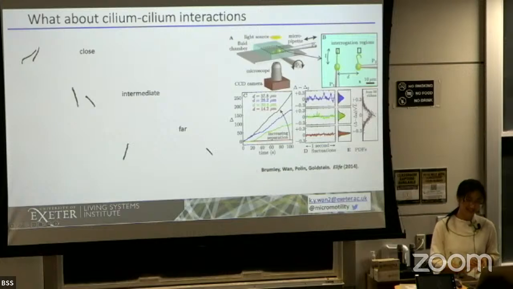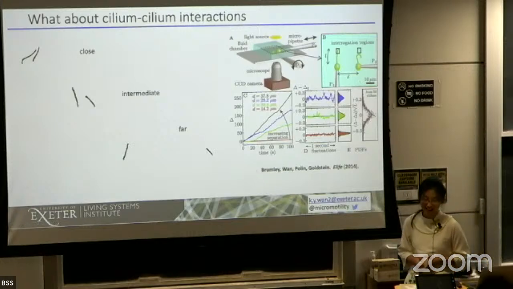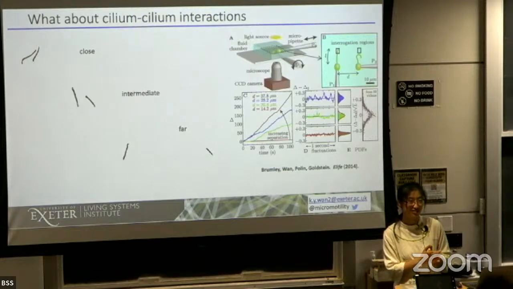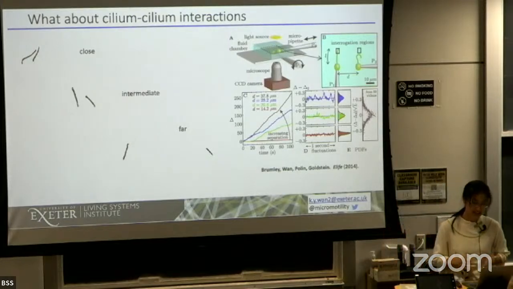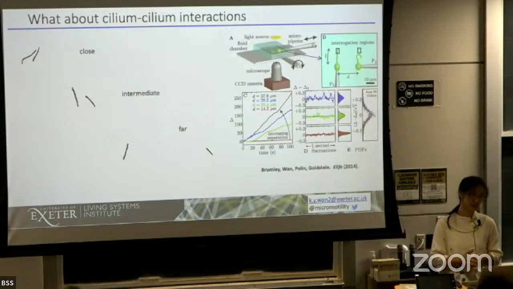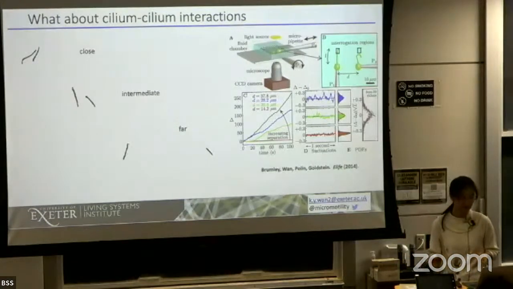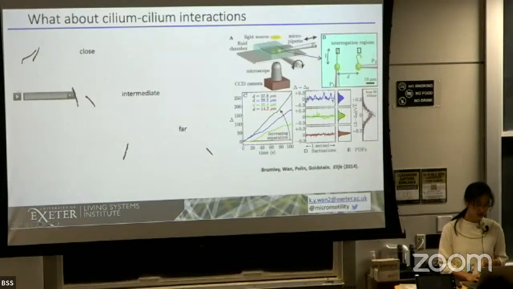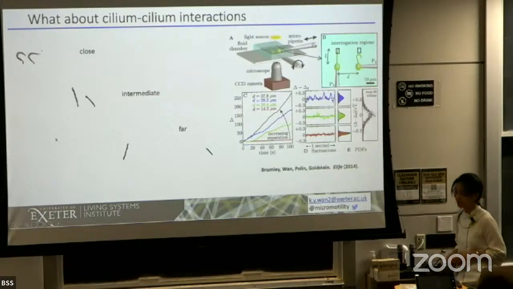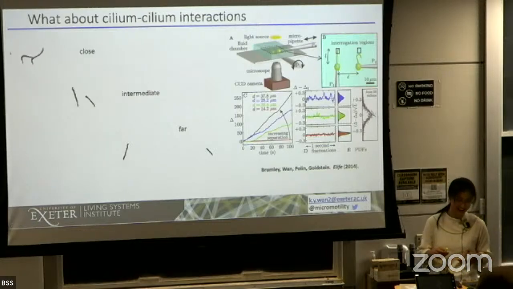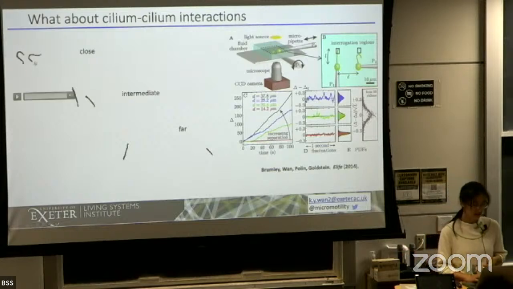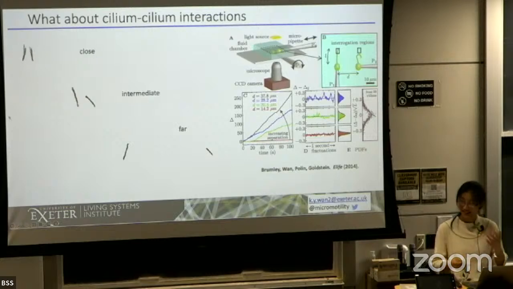And if we then, again, do this for many pairs of cells in different configurations with different inter-cell spacings, you can then get a sense of how the synchronization or the coordination changes as a function of the separation between these cells. So, for example, here, these are the same types of data that I showed you in the previous slide, except now I've removed the background, so you're left with only the two cilia that are oscillating or interacting with each other.